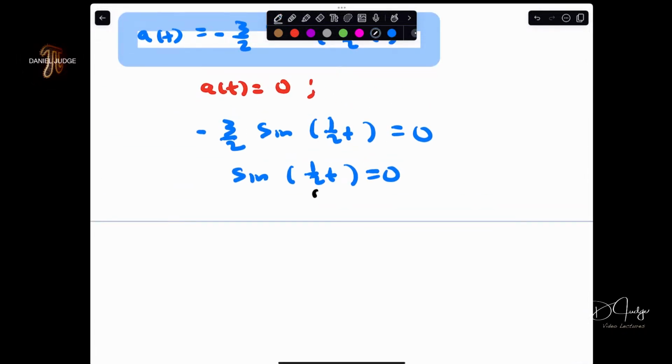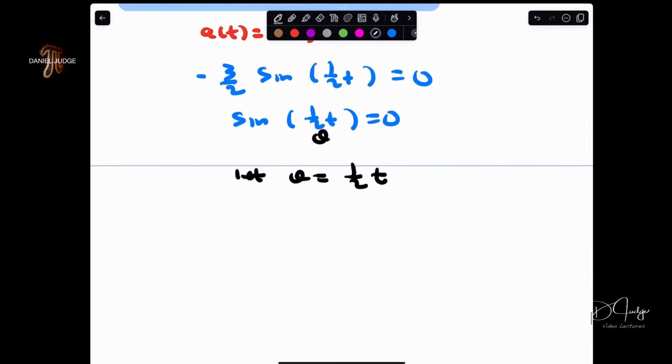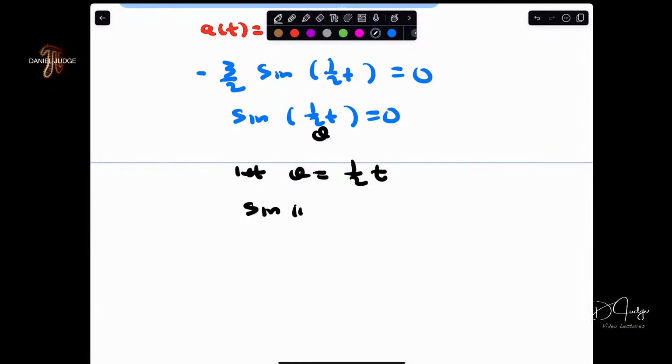This is a nice, simple, and easy trig question, which means when is sine theta equal to 0? Look at the sine curve. Theta is 0, theta is pi, theta is 2 pi.